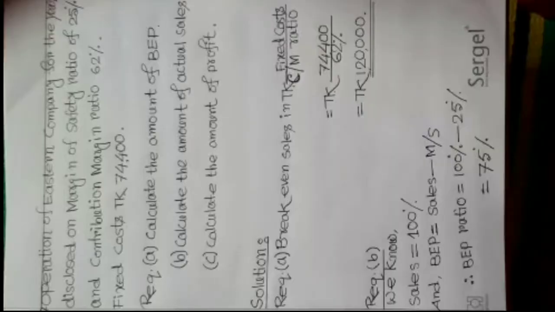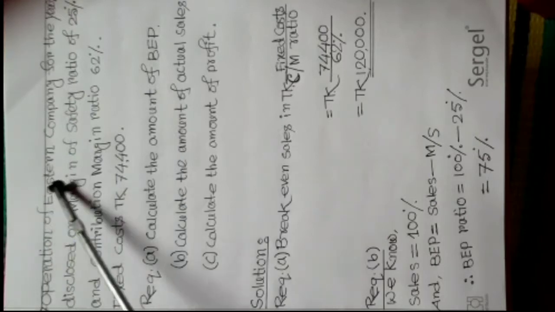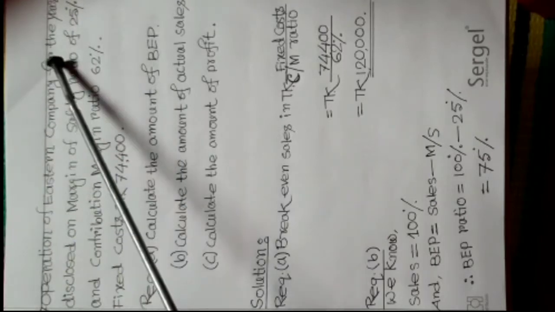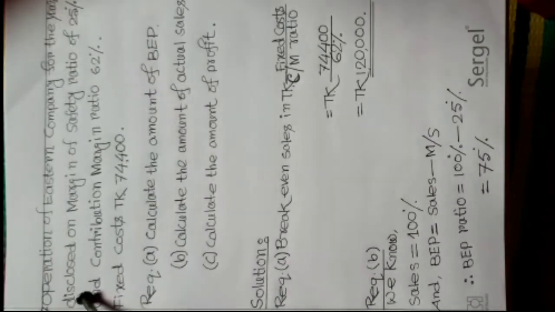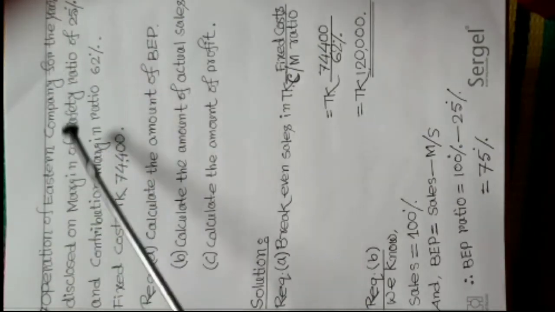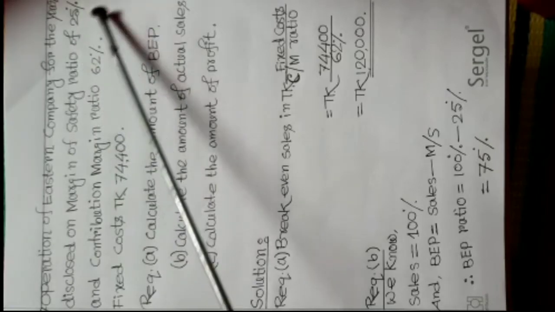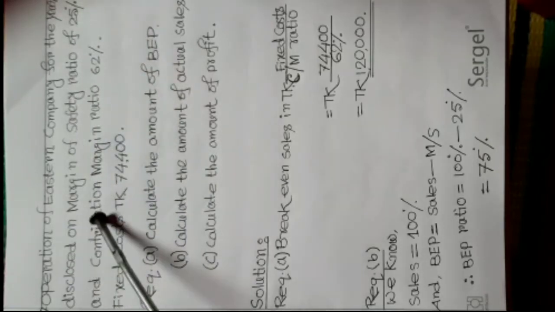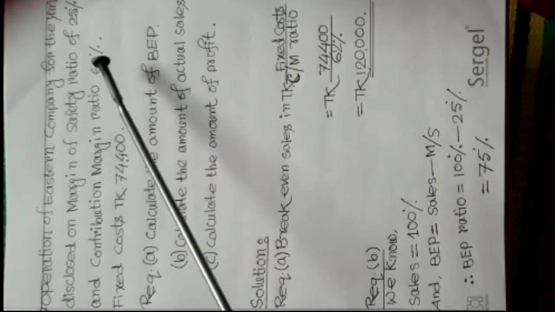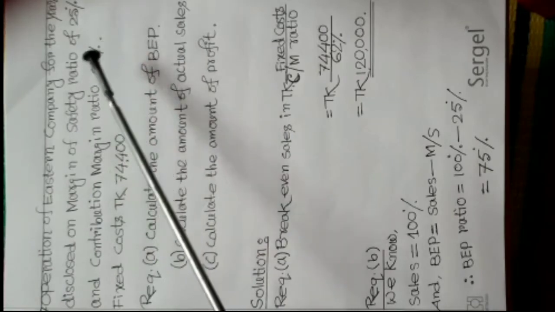My dear students, another most important math is: operation of Eastern Company for the year disclosed a margin of safety ratio of 25% and contribution margin ratio 62%.